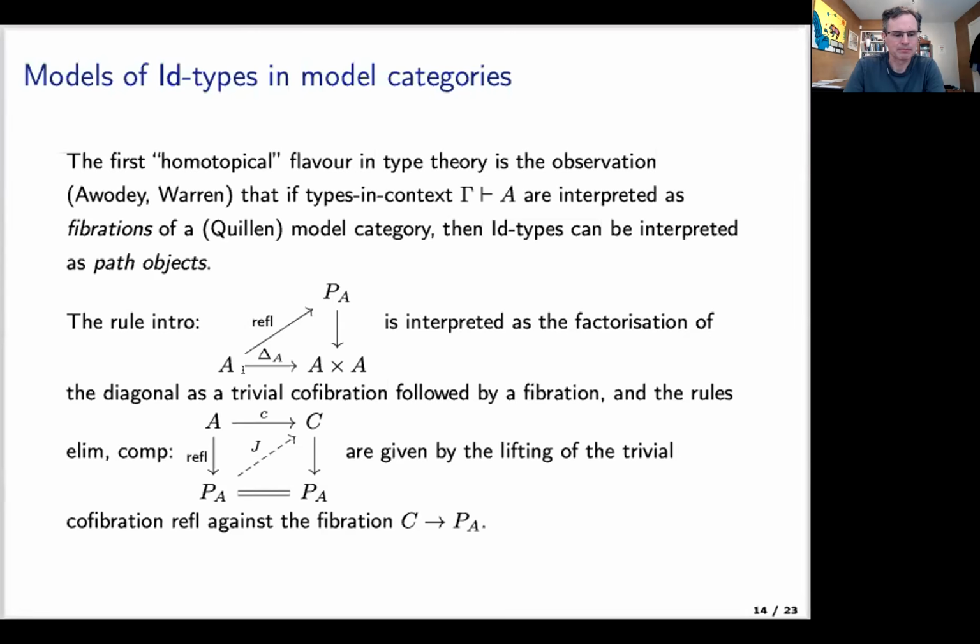So what I mean when I say that it's interpreted as the factorization of the diagonal as a trivial cofibration followed by a fibration is exactly saying that it is interpreted as the definition of the path object in the model category. Every model category comes with these factorizations of all its maps, and if you factorize the diagonal of any object, that gives you a path object as a trivial cofibration and fibration.